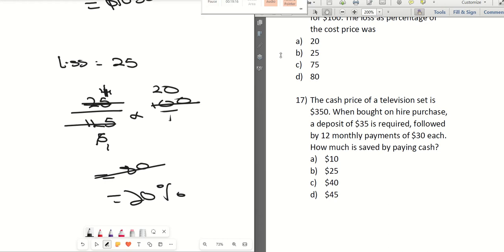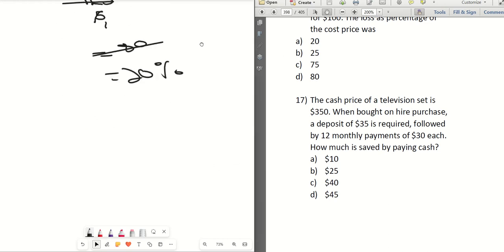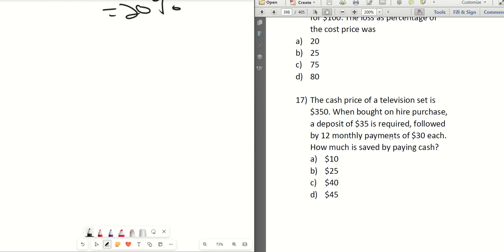Number 17. The cash price of a television set is $350. When bought on hire purchase, a deposit of $35 is required, followed by 12 monthly installments of $30 each. How much is saved by paying cash? So basically, they tell you the cash price of the television set is $350, right? The hire purchase price is your down payment, which is $35, plus the amount payable.